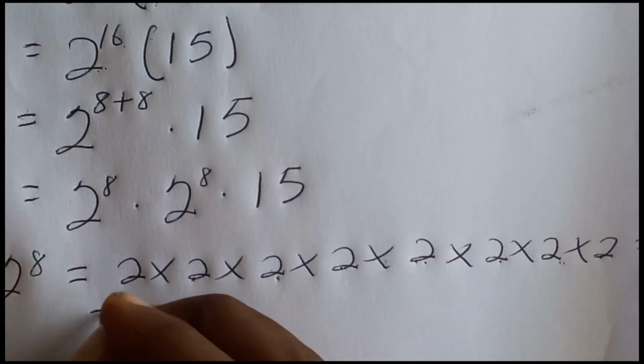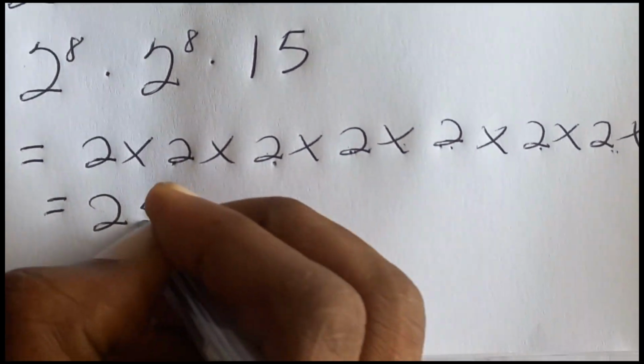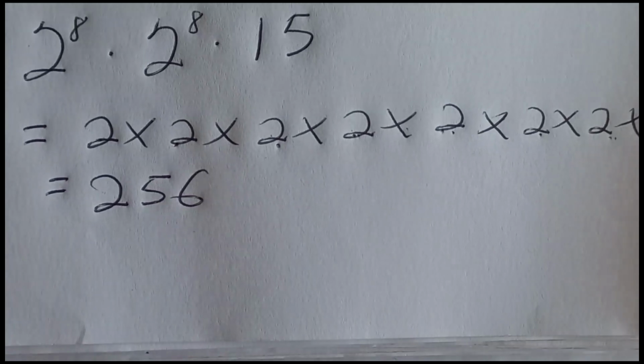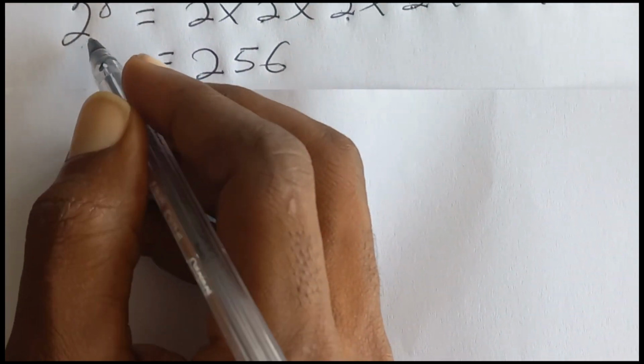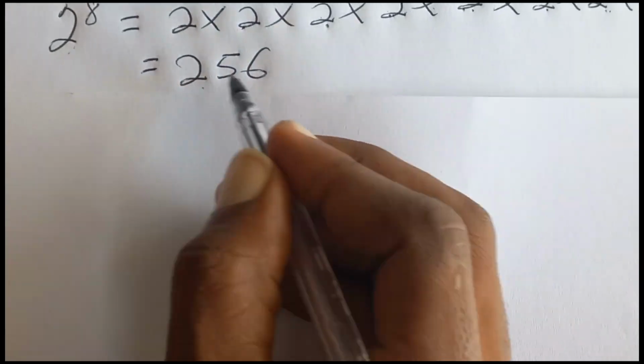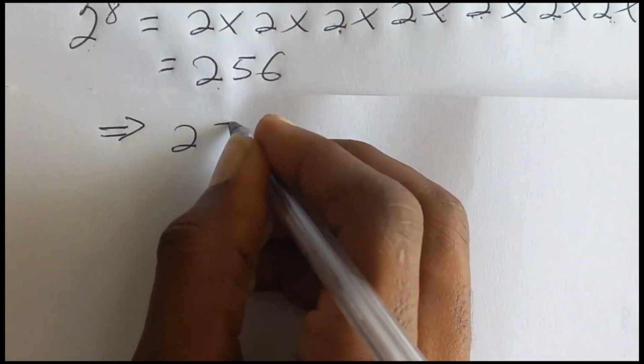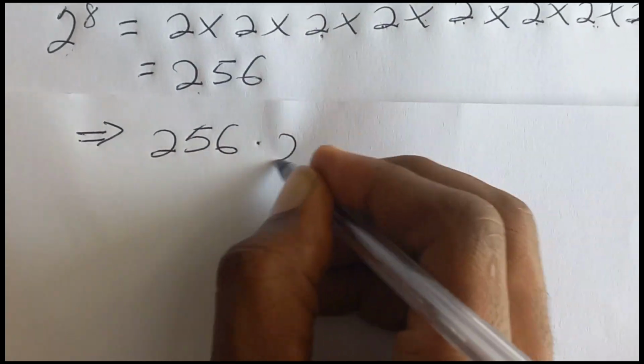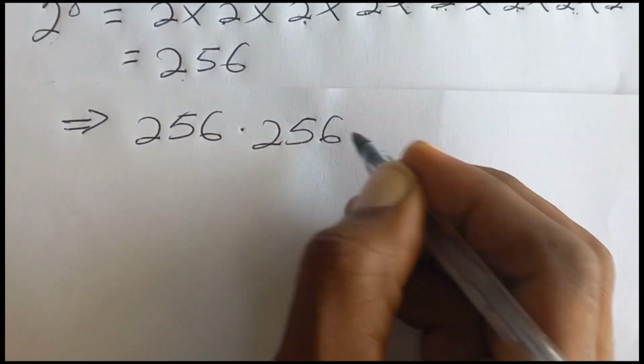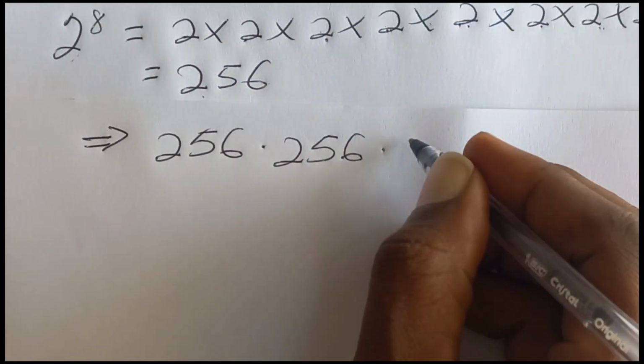So we know that 2 exponent 8 is the same as 256. So our expression now becomes 256 multiplied by 256 multiplied by 15.